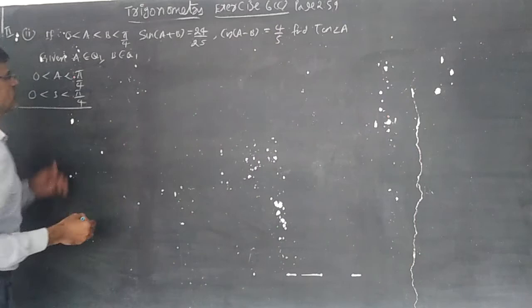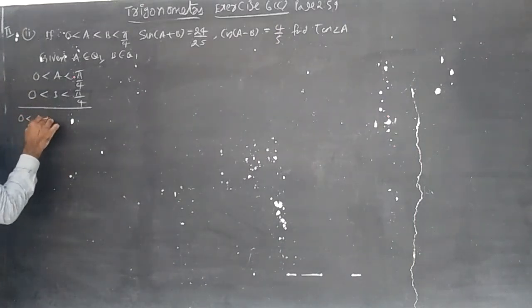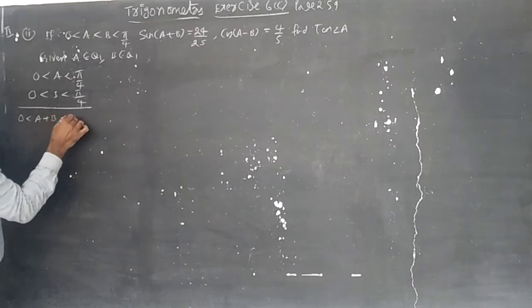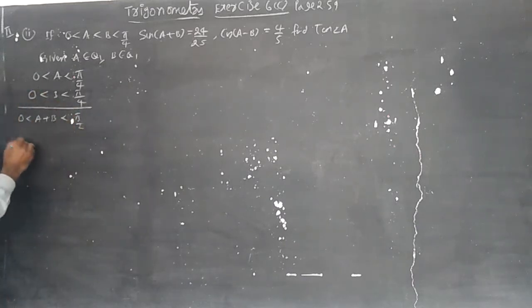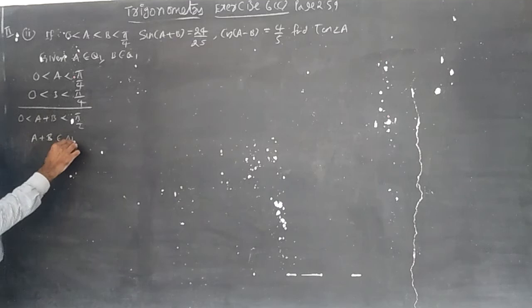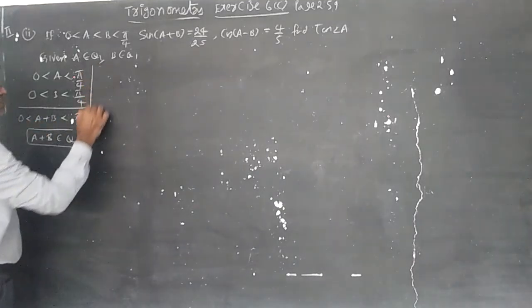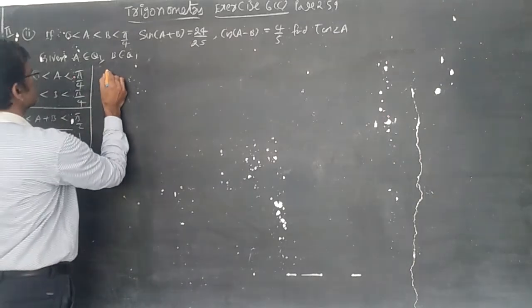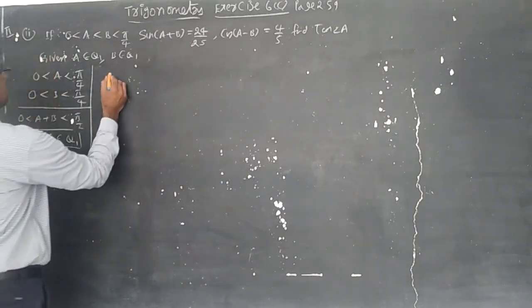Now add both: 0 less than a plus b less than 5/4 plus 5/4, which becomes 5/2. Therefore, using this, a plus b belongs to Q1. Next, we need to calculate a minus b.